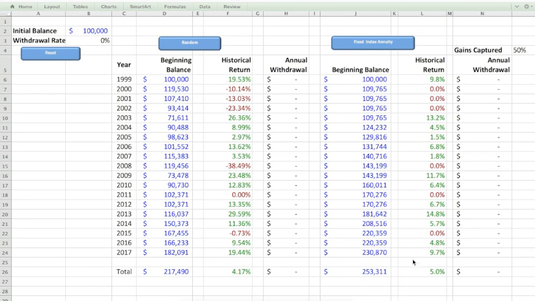At the end of this period of time, this 18 years, as you can see, what we have here is a higher rate of return, more money in your account, and the only difference is you're getting half of the upside, but you're getting none of the downside. Now, here's what makes this strategy and the concept of eliminating your losses even more powerful, and that's when you want to create income.